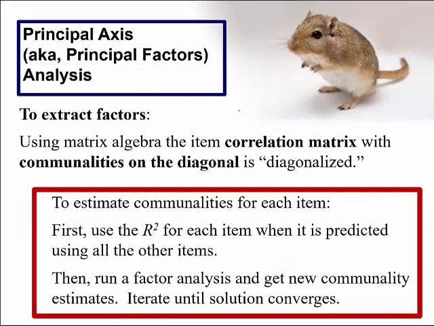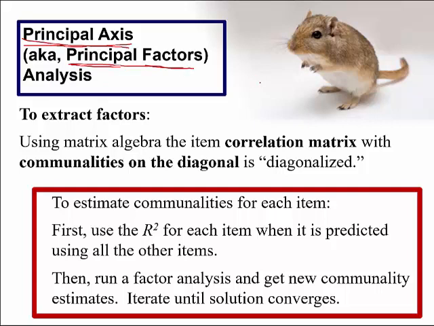So now let's look at how we would extract factors if we're doing what is probably the most popular approach to doing factor analysis proper, which is something called principal axis factoring, or it can also be called principal factors analysis. So principal axis factoring, principal factors analysis, two terms for the same thing.